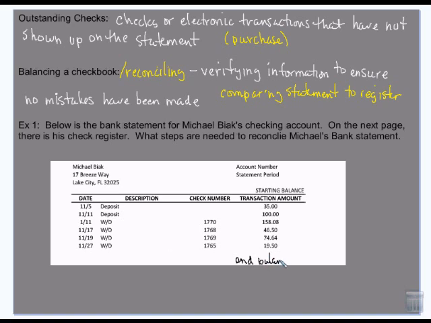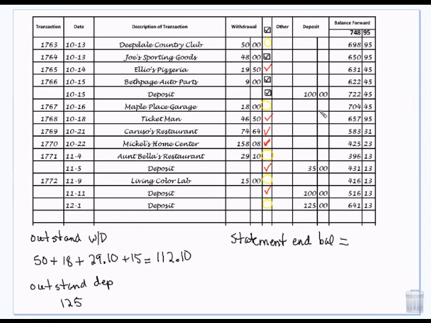It will say on there somewhere ending balance, and if I had typed it in properly, it would be there. And there was a starting balance of something that was up here. If I had typed correctly, it would have shown up. So it was 628.23. Okay. So I take my statement ending balance.